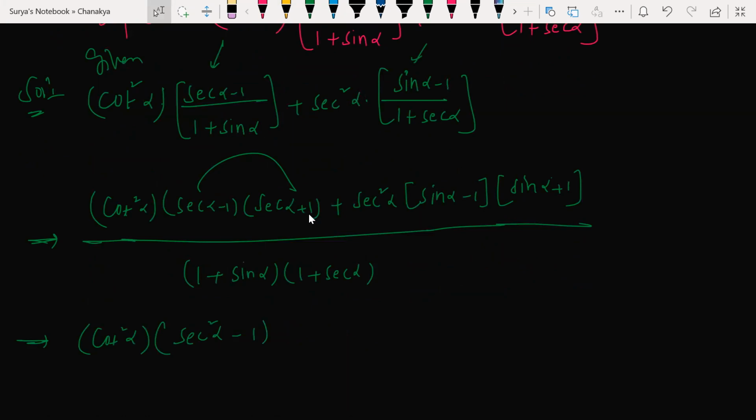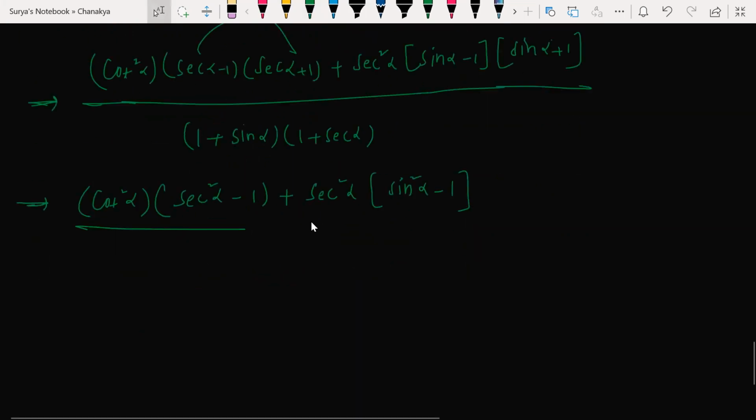See, A square minus B square plus another A square minus B square, all divided by 1 plus sin alpha into 1 plus secant alpha. So now can I take, yes, very simple here.